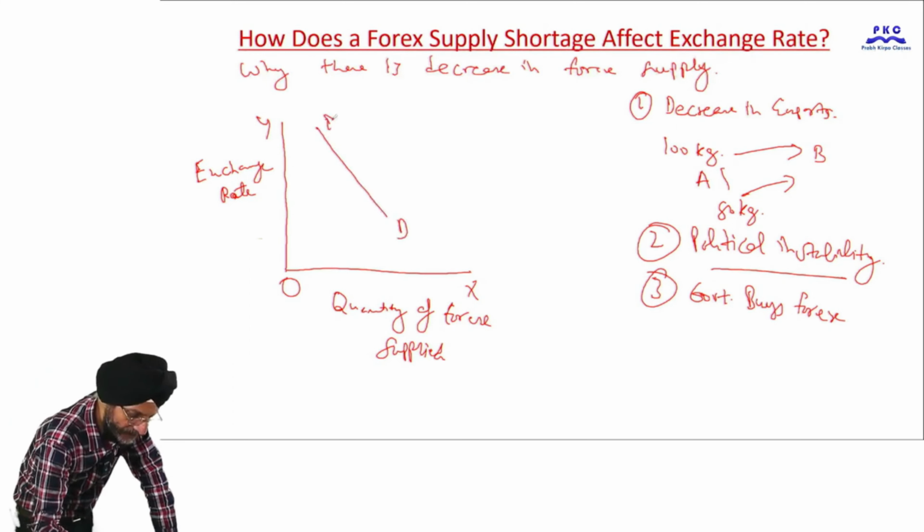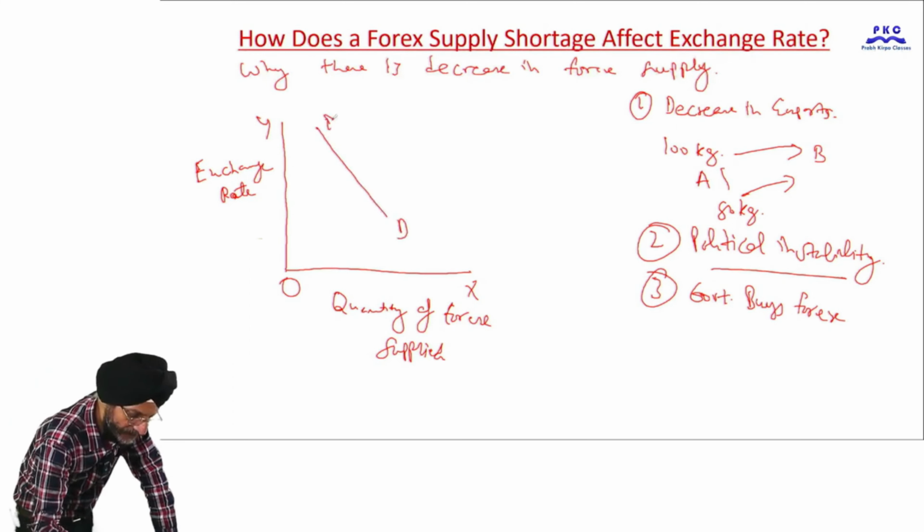So what does it mean? It means that it is the depreciation of domestic currency. How? Earlier we were getting $1 only for 83 rupees. But now, as the supply of foreign currency has reduced, we are getting $1 for 86 rupees.